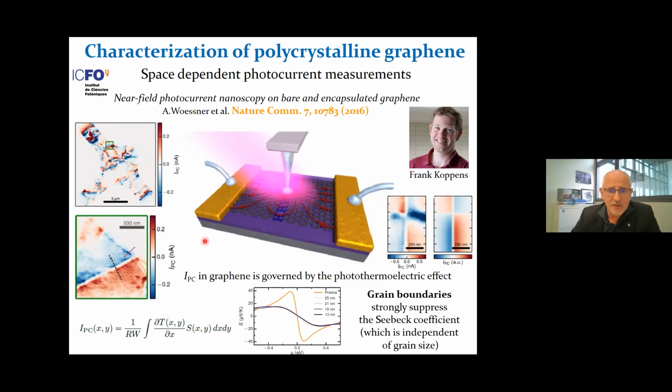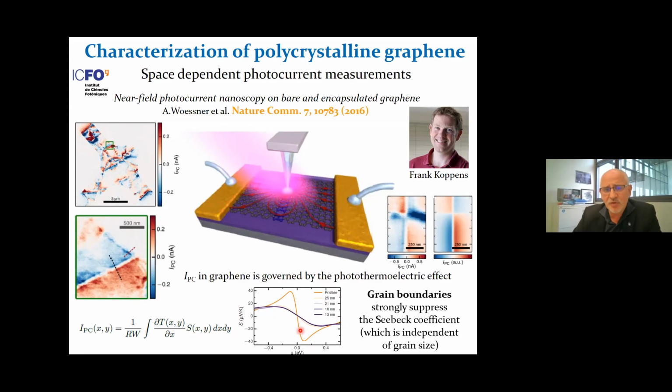It turns out that the photocurrent is connected with the so-called Seebeck coefficient. So the photocurrent is governed by a thermoelectric effect in this experiment. And so one important quantity is the Seebeck coefficient that tends to be strongly impacted by the grain boundary, but it's almost independent of the grain size.